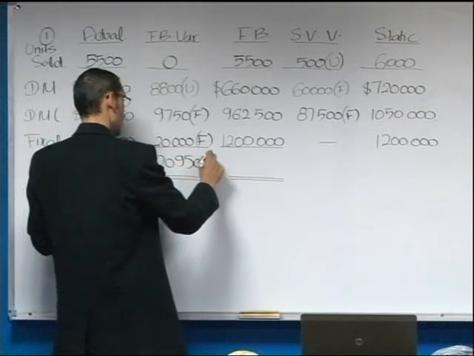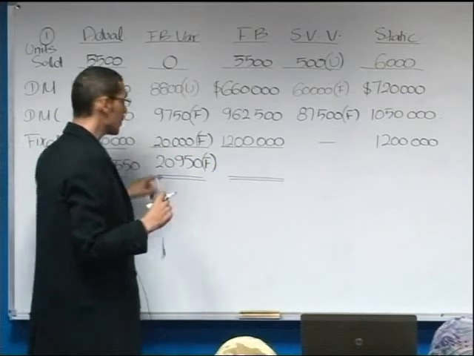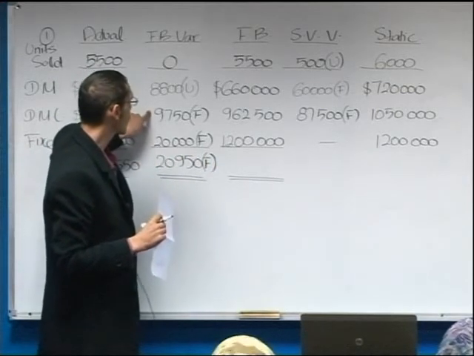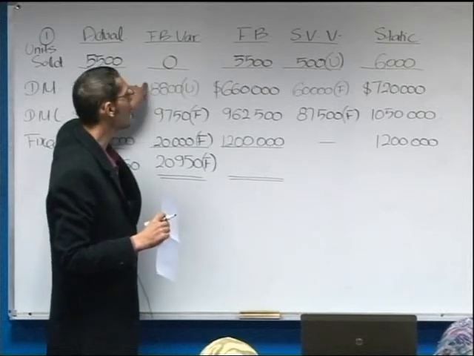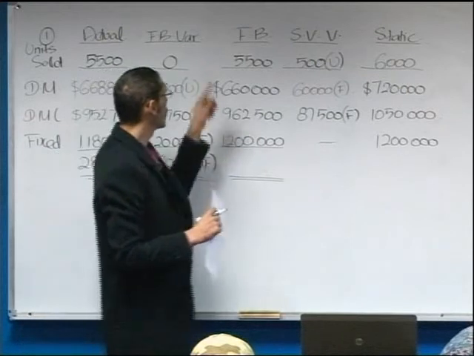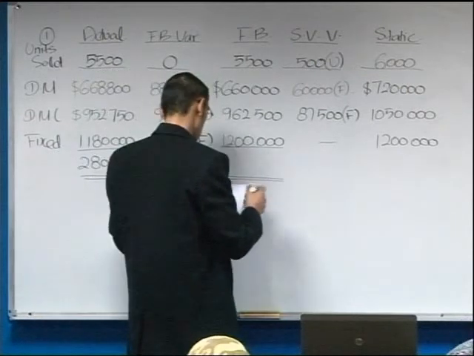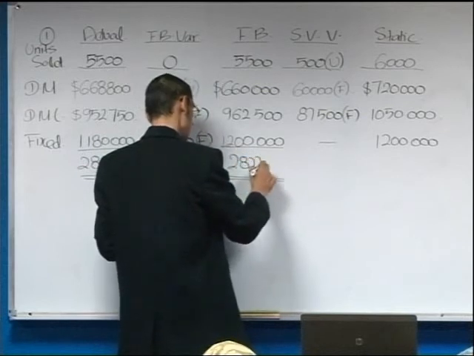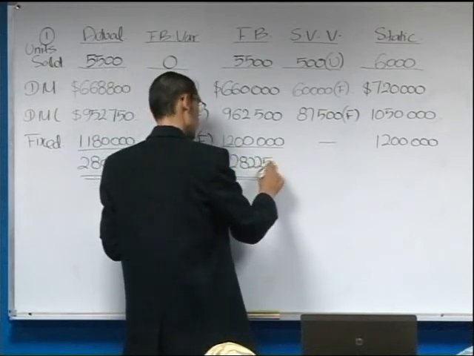How did we calculate this amount? 20,000 plus 9,750 minus 8,800. Now, according to our flexible budget, the total cost would equal 2,822,500.